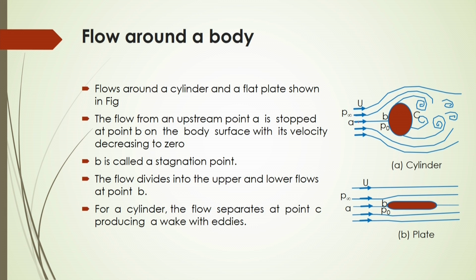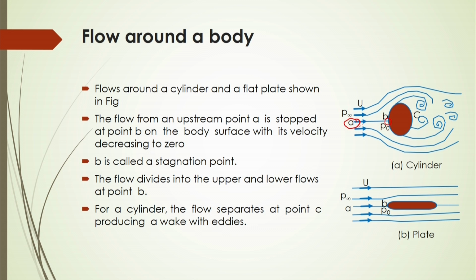At point A the flow is moving with a certain velocity, and at point B the flow gets obstructed and there will be a stagnation point on the body surface, with a decrease of velocity from A to B. The flow from upstream point A is stopped at point B on the body surface, with its velocity decreasing to 0.